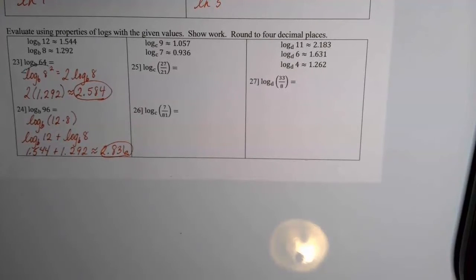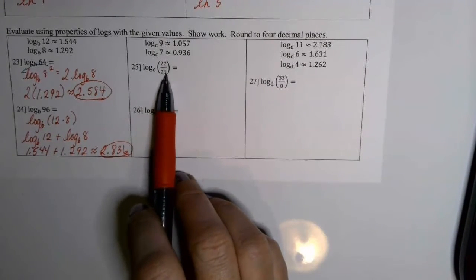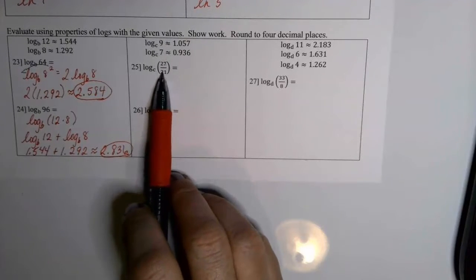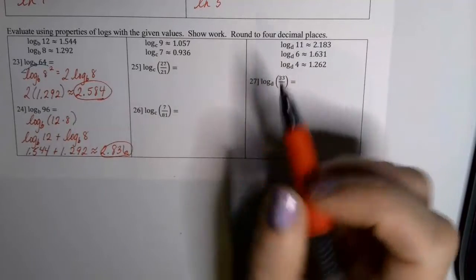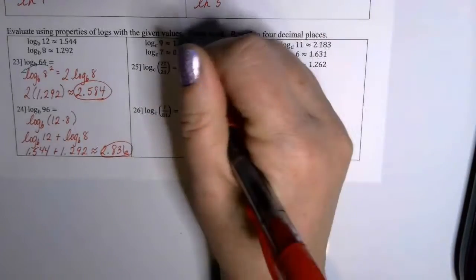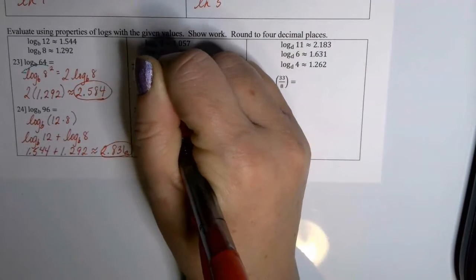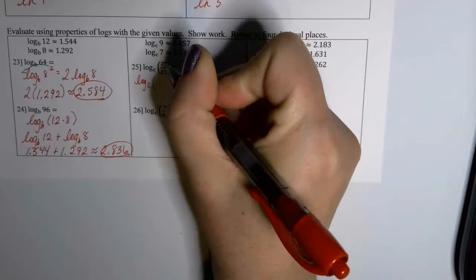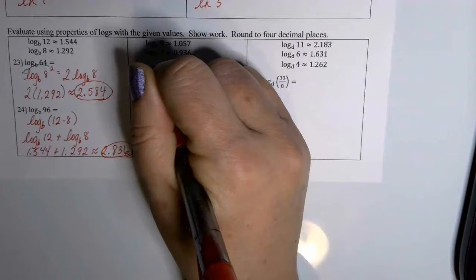Okay, in number 25, we have the log base C of 27 over 21, and 27 and 21 are both divisible by 3. So we could reduce that fraction and have the log base C of 27 divided by 3 is 9, and 21 divided by 3 is 7.